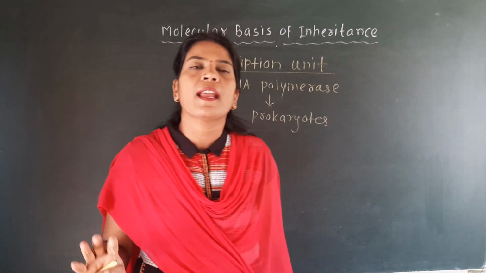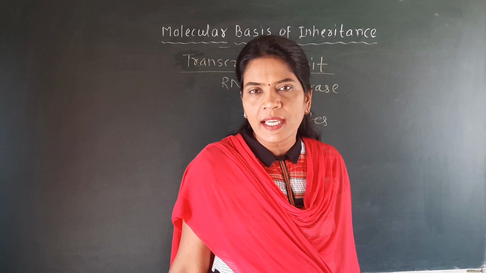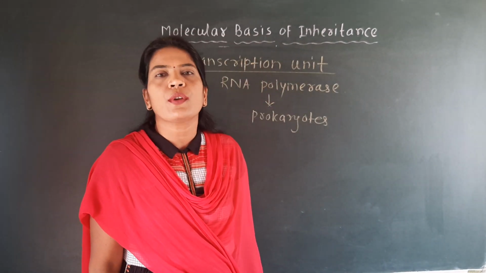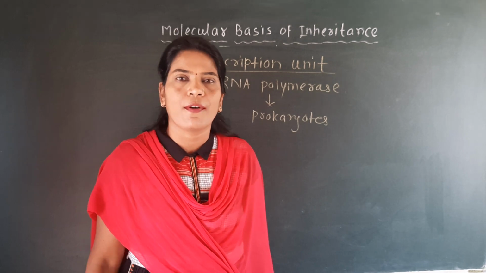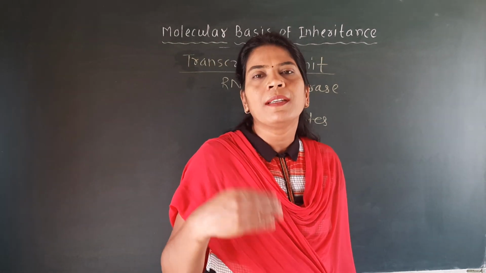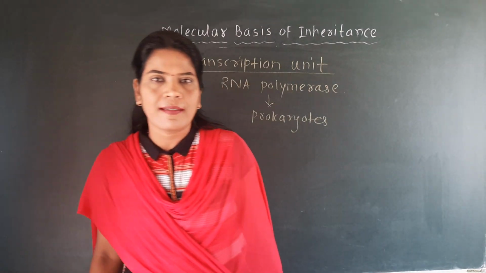All these three types of RNA are formed on the single strand of the DNA, and that process we have named transcription. So in eukaryotes, three types of RNA polymerase are involved, and these form different types of RNA by the process of transcription.